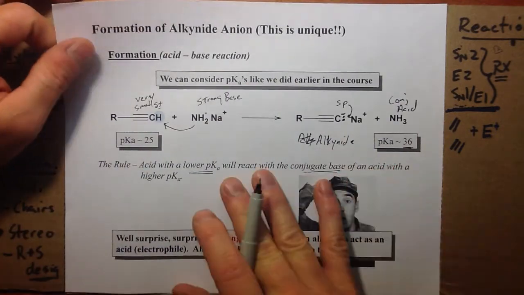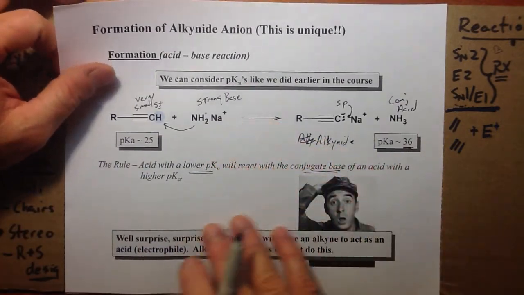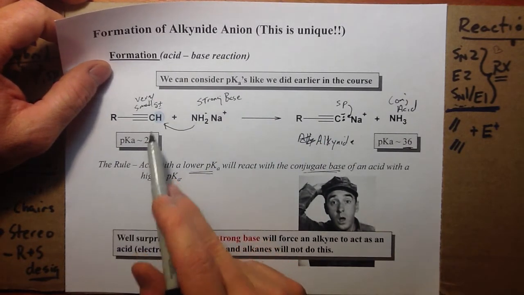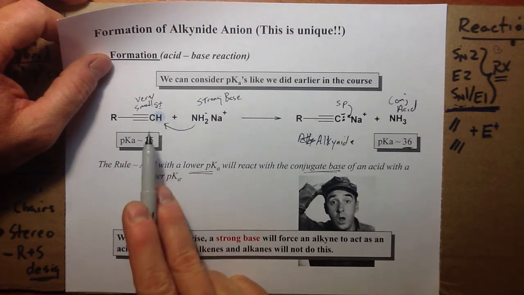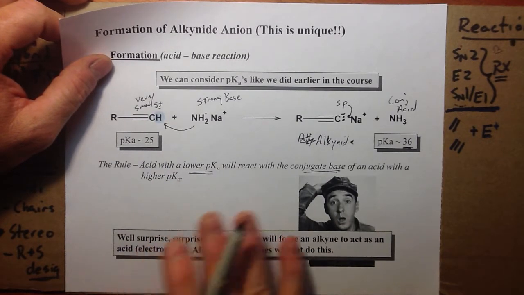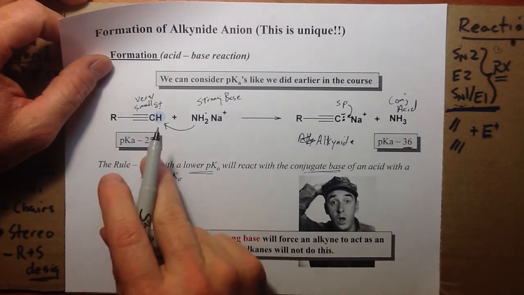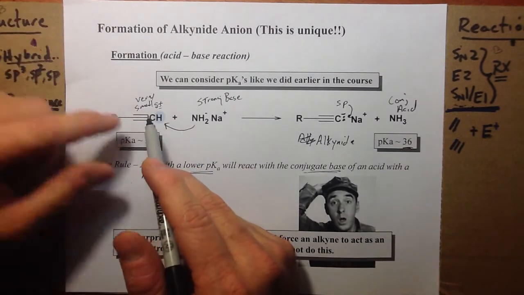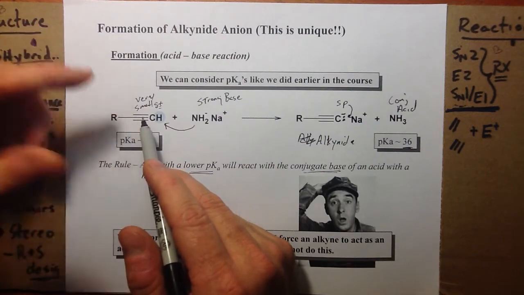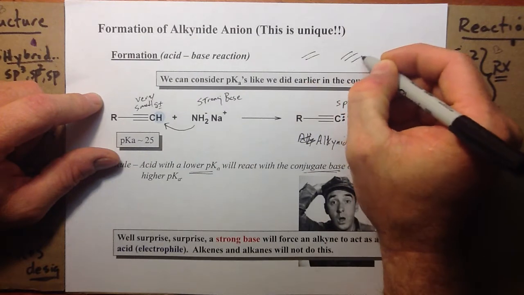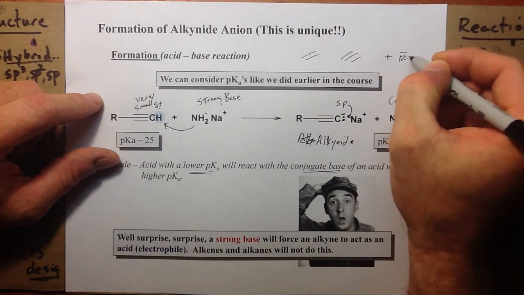Well, golly, we then have a unique reaction. Surprise, surprise. A strong base will force not alkanes or alkenes, but alkynes that are terminal to act as an acid. That's the first time we've seen in polar reactions where an alkene, or we'll see later with other reactions of alkynes, usually our alkynes or alkenes are going out to attack electrophiles.